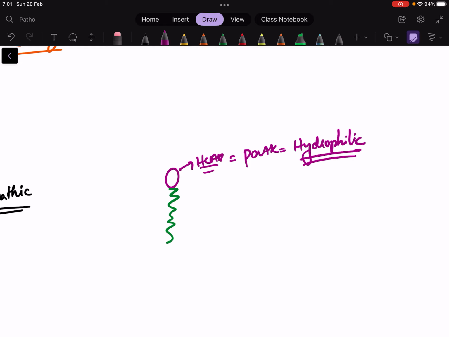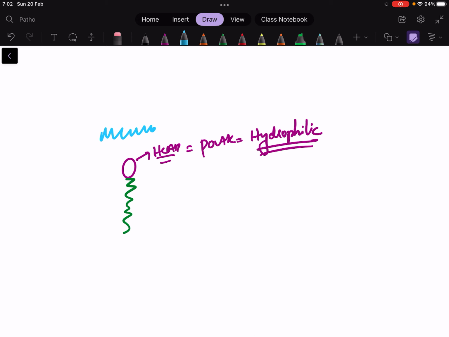Suppose if I place water here, obviously this polar or hydrophilic component will turn that side. Now this tail part is your non-polar side, or hydrophobic, which means it is water-fearing.